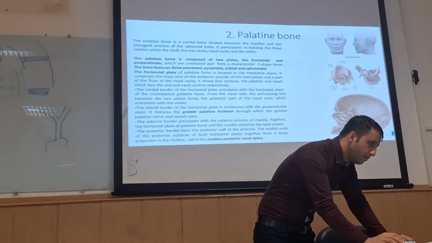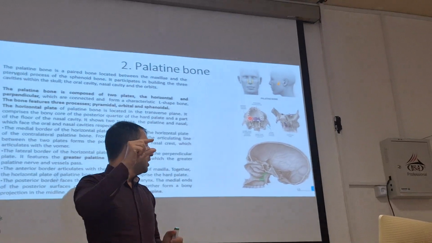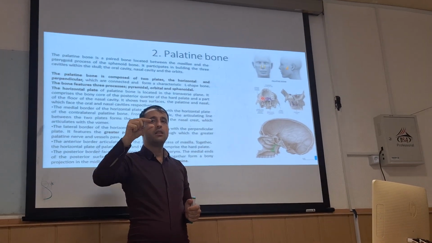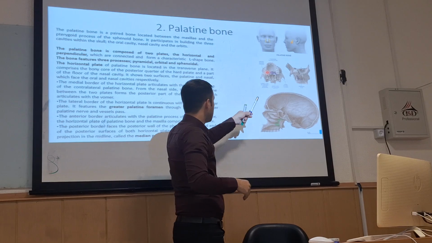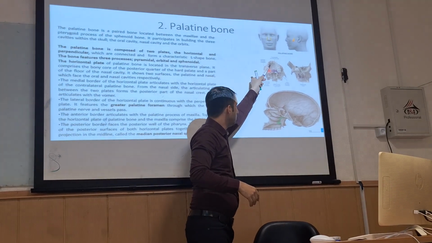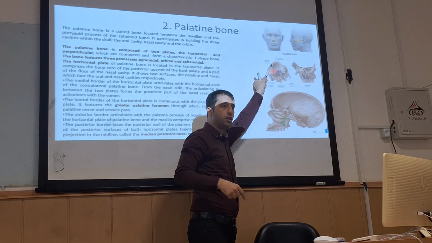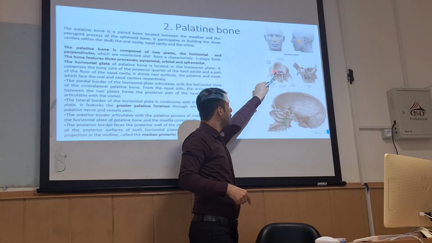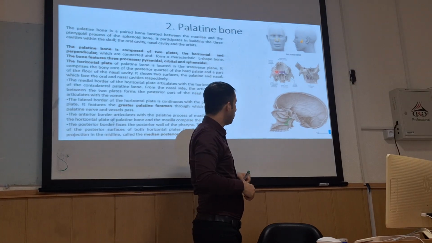Here you can see the horizontal plate. The horizontal plate makes the posterior 1/4 of the hard palate. Look at here, it is the hard palate. The anterior 3/4 of the hard palate is created by the maxilla. The posterior 1/4 is created by the horizontal plate of the palatine bone.